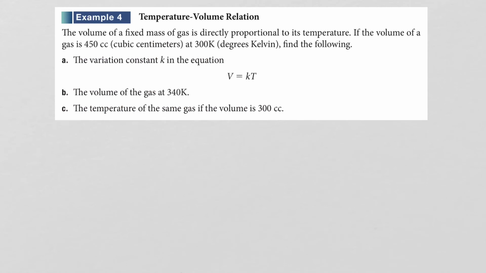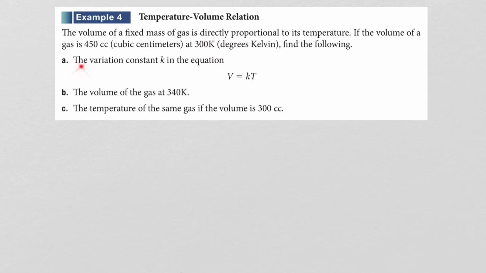So in this example, we look at the temperature-volume relation. We learn in chemistry the volume of a fixed mass of gas is directly proportional to its temperature. Now what that means is as the temperature rises, the volume also rises. So if the volume of a gas is 450 cubic centimeters at 300 degrees Kelvin, find the following.